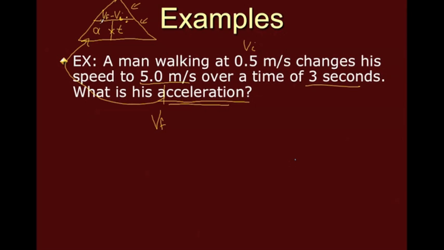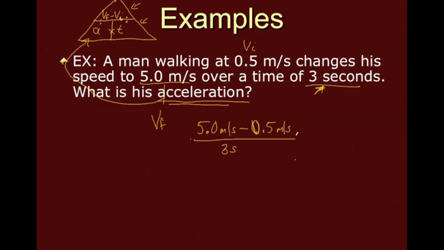Okay, now, so his VF, we said, is 5.0 meters per second, minus his initial velocity, his VI, which is 0.5 meters per second, divided by his time, which is 3 seconds.